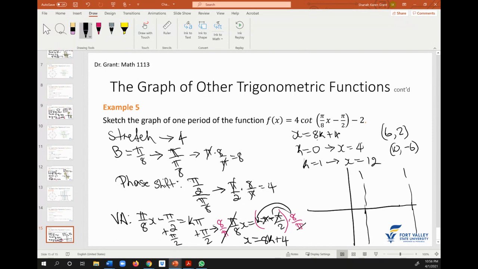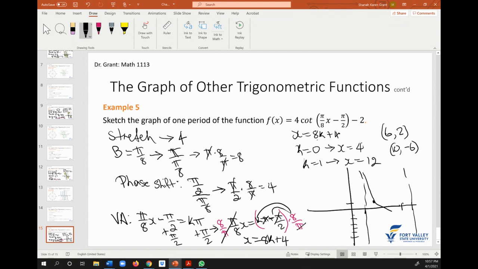Okay, so we have a big stretch. So we're going to go through the point 6, 2, and 10, negative 6. So somewhere down here, something like this.